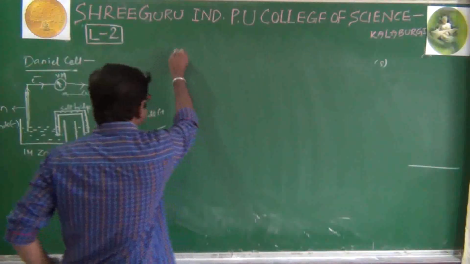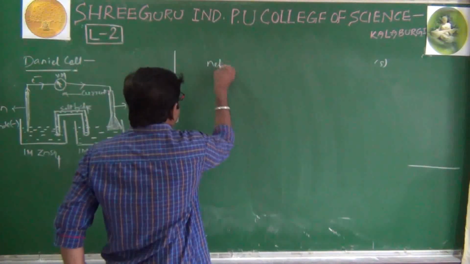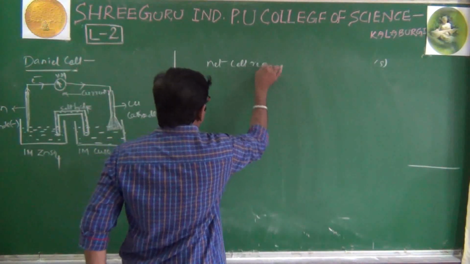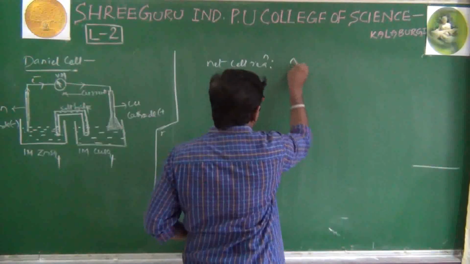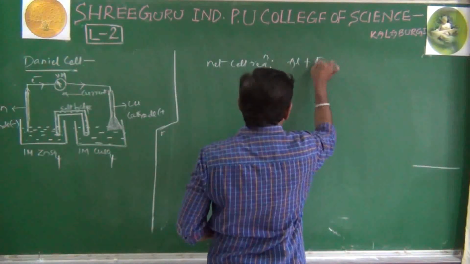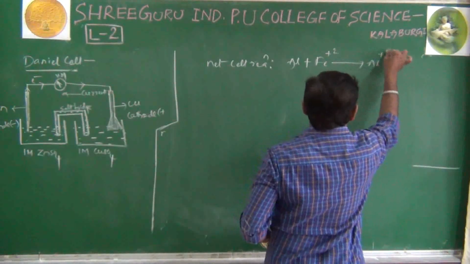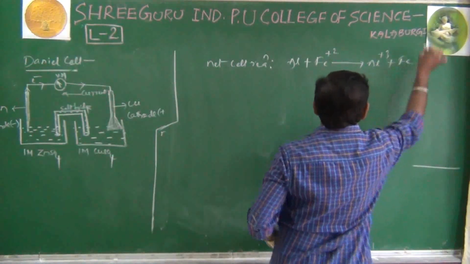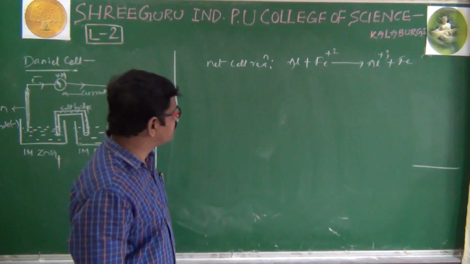Now I am giving one net cell reaction: aluminium plus Fe plus 2 gives Al plus 3 plus Fe. Of course it is not balanced. First we will make it balanced.